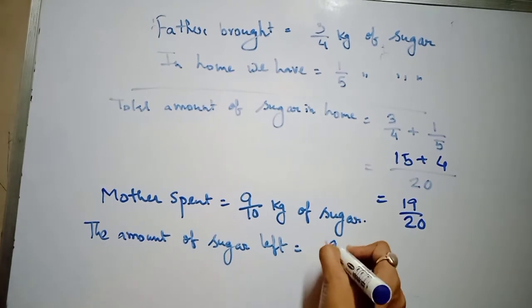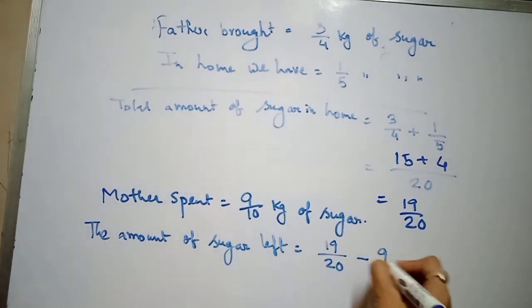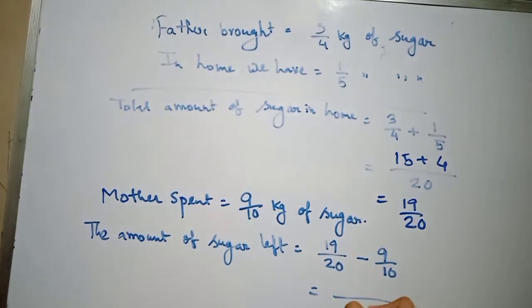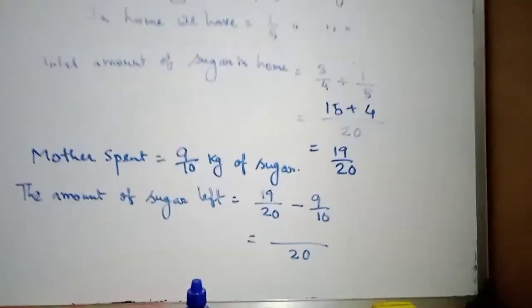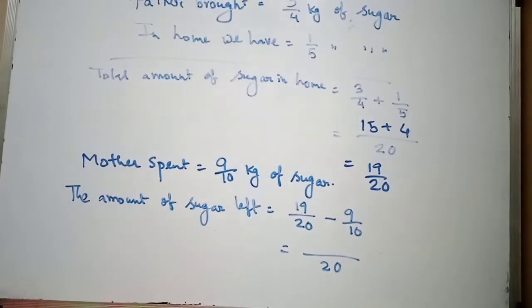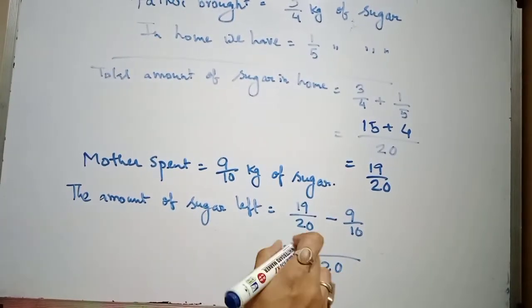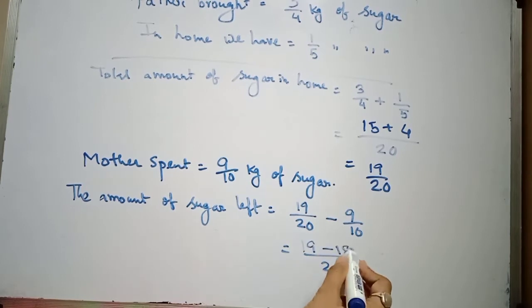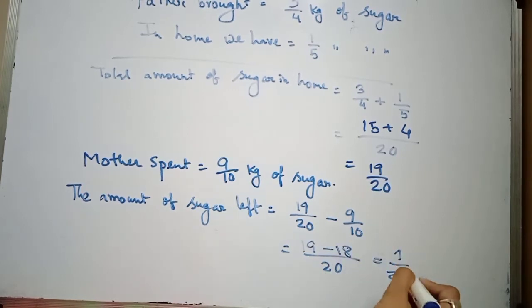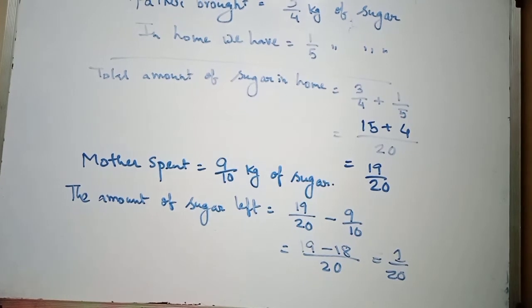So we have to find 19 by 20 minus 9 by 10. The LCM will be 20. You can do it by yourself and you will get the LCM as 20 here. So 19 and this will be 18. So 1 by 20 is our answer. That is, 1/20 kg of sugar is left at the end of the day.